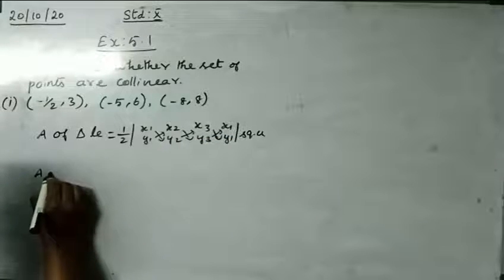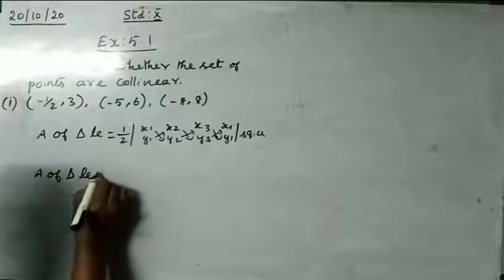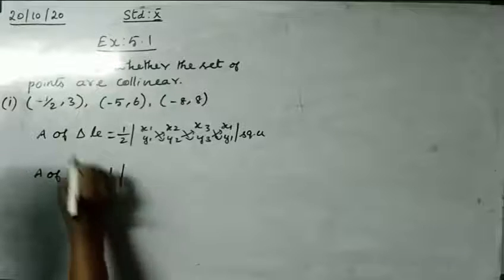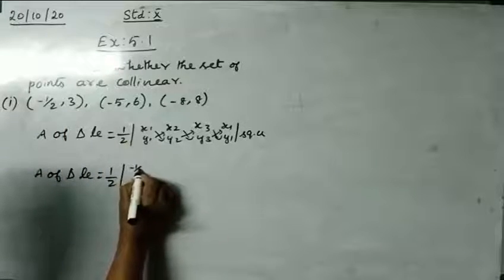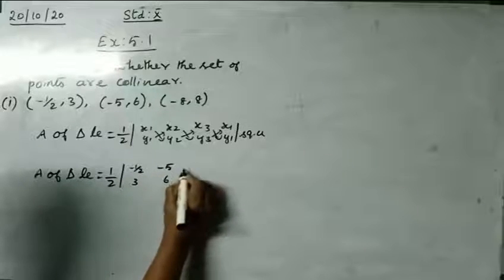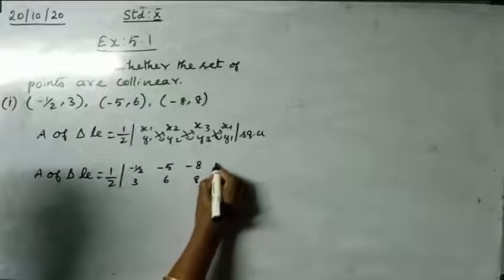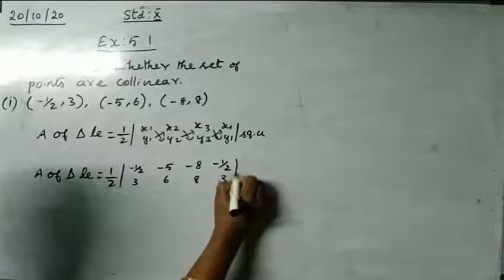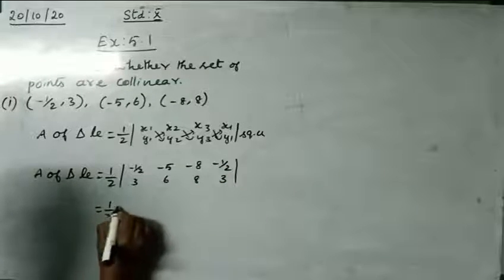So the area of the triangle is equal to 1 by 2 into the modulus of the points (minus 1 by 2, 3), (minus 5, 6), (minus 8, 8), and (minus 1 by 2, 3).